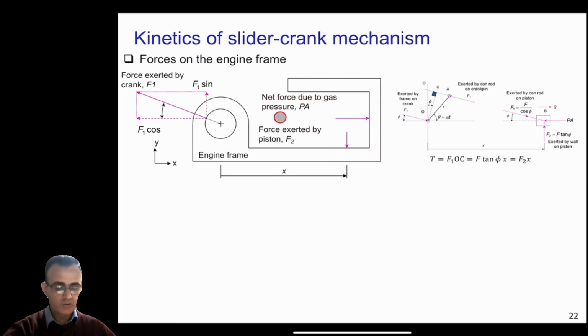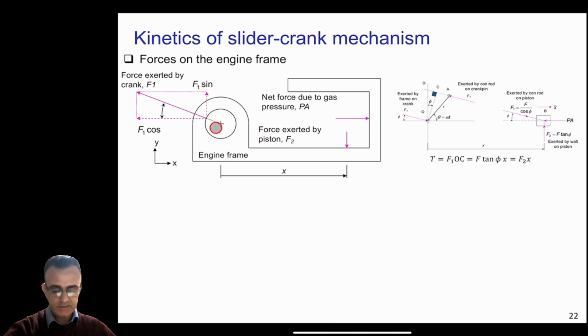So the net force due to the gas pressure is PA. So again, the same force will be applied here. And again, there was this force F2, which was exerted by the wall on the piston. So now a similar force F2 will be exerted by the piston on the wall. So it will be the same force in the opposite direction.